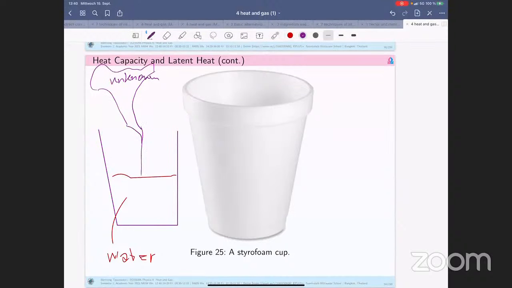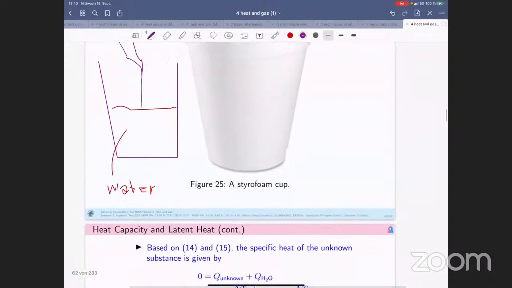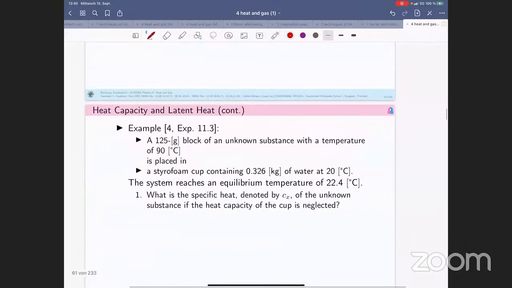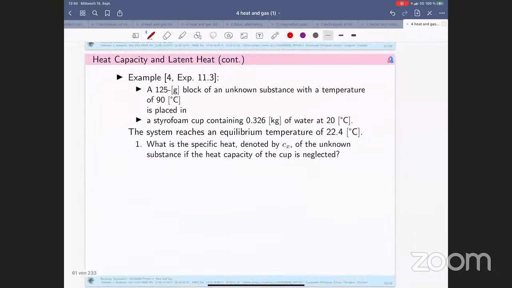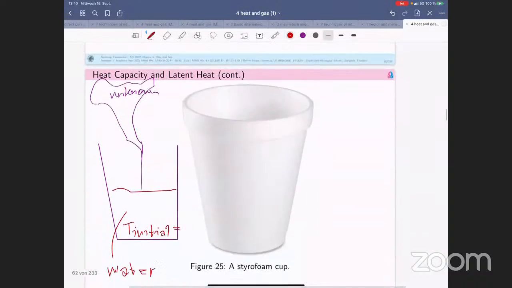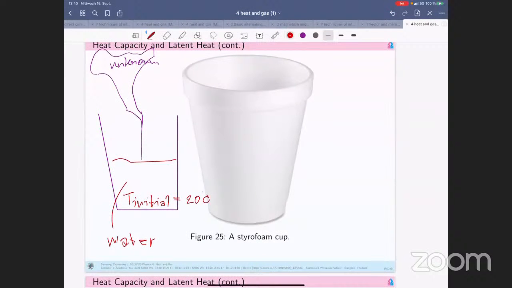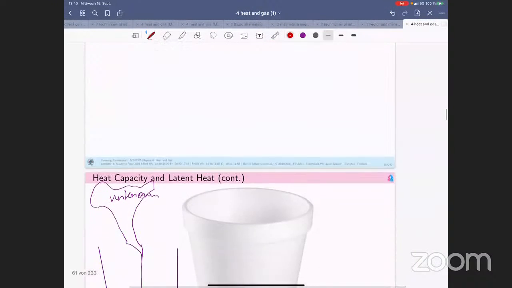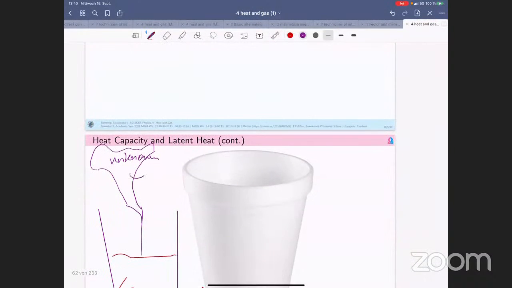You pour it, and yeah, the water has the initial temperature T initial at 20 degrees Celsius. And the unknown material starts from a high temperature. It was T initial at 90 degrees. My God, quite high.